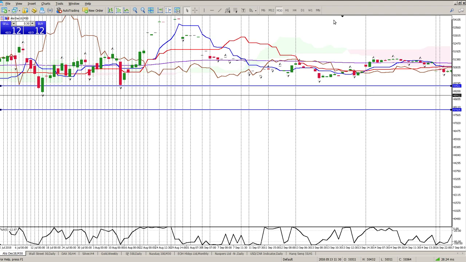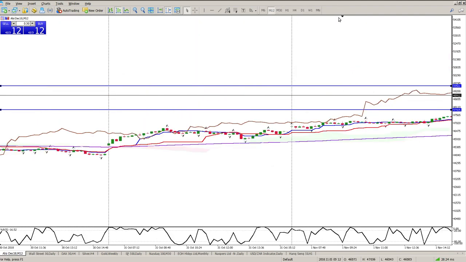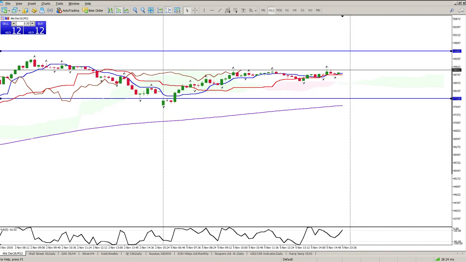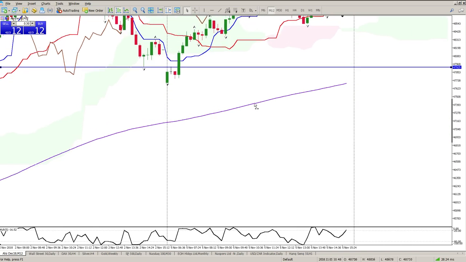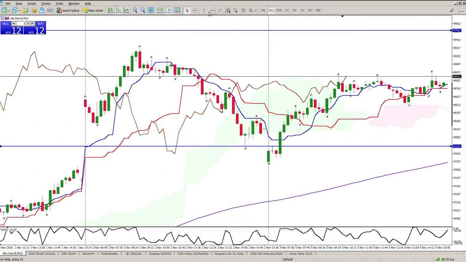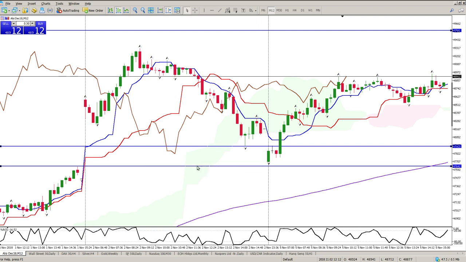Now, just looking at the price action from yesterday, I'm going down to the 12-minute candle here, and you can see how we had a green candle, didn't really bounce off a level. So if you didn't get in on this, don't feel bad.